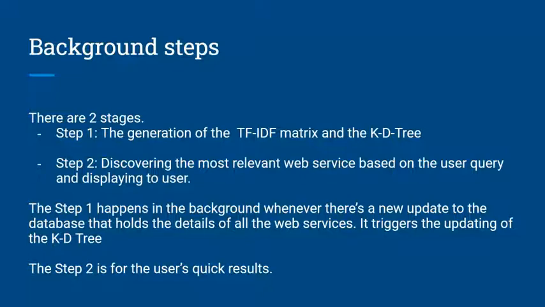So the first step is making a model of a KD tree from all the already existing WSDL keywords. And then whenever a user passes a set of keywords, that is actually a new query. So the query is transformed into a TF-IDF matrix and then passed to the KD tree. The KD tree we have implemented using the sklearn library and its KD tree feature, which has a function called query radius.